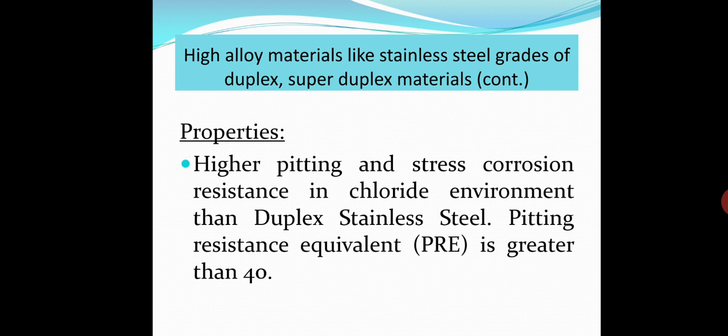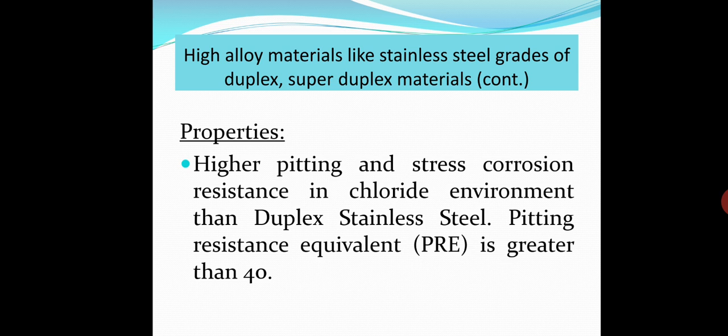So what are the properties of super duplex stainless steel? Higher pitting and stress corrosion resistance in chloride environment than duplex stainless steel. We have already discussed that duplex stainless steel has corrosion resistance in chloride environment. Pitting resistance is there, but in super duplex stainless steel, these properties are even higher.